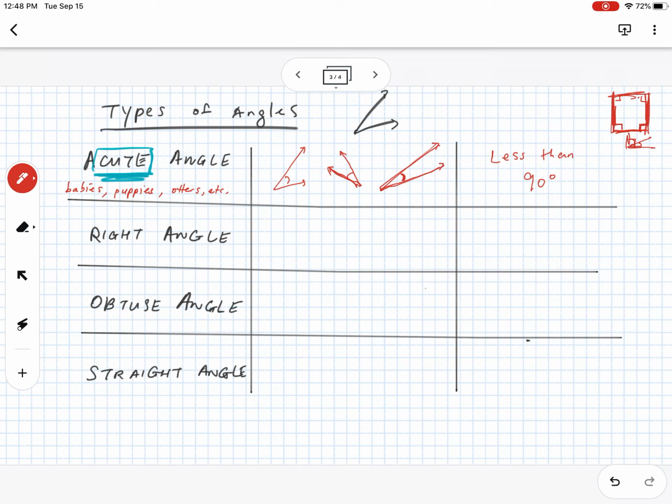The right angle is actually the name of the angles that equal 90 degrees exactly. There's only one option for it to be 90 degrees. One of the rays has to be going like this, and then one of them has to be exactly perpendicular. The fancy word is perpendicular, but it has to hit it in this way.